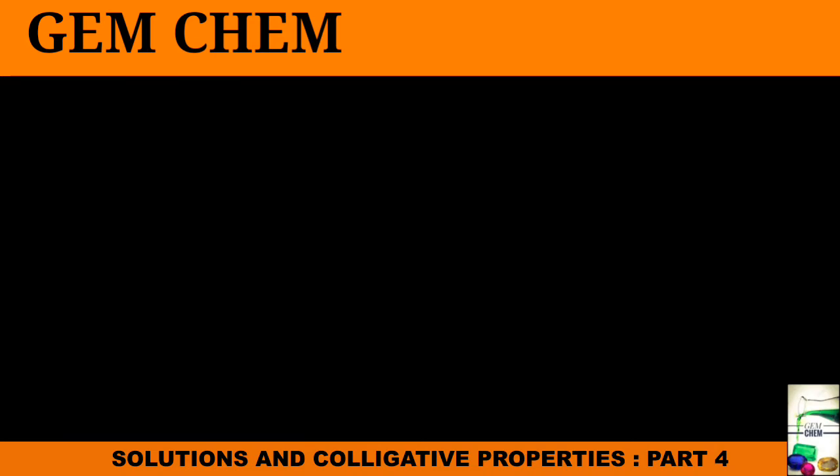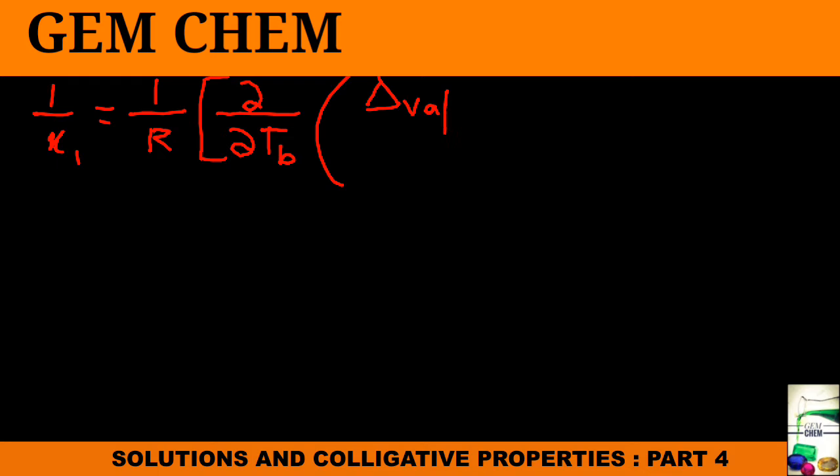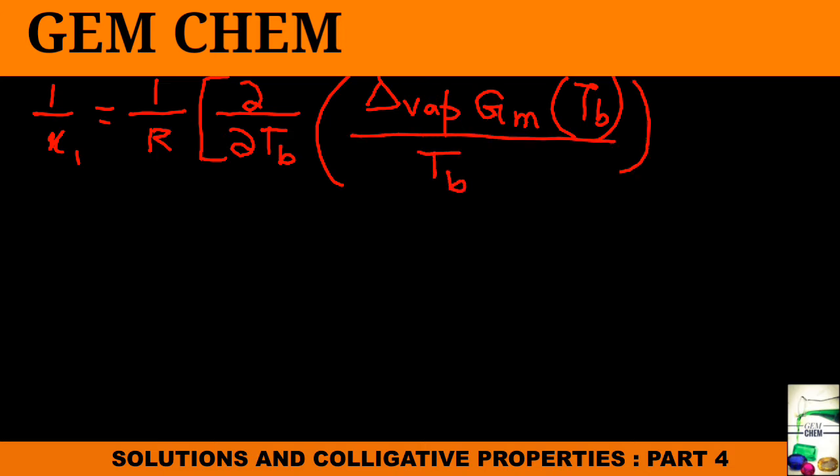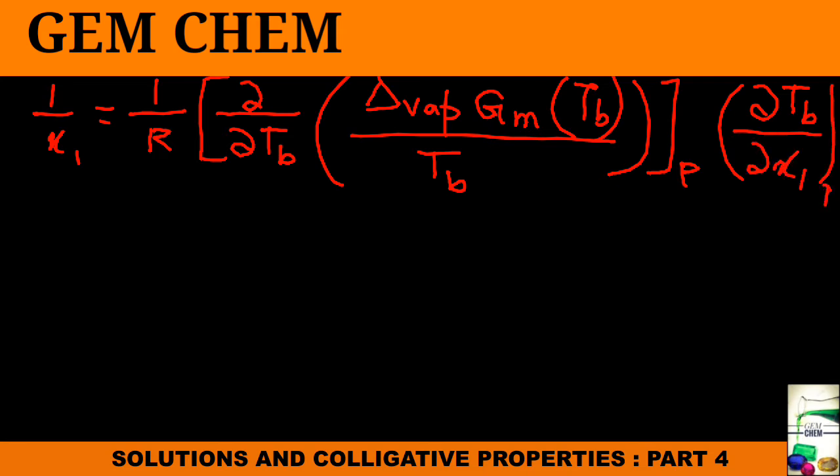Now what we get is: 1 by x1 equals 1 by R, delta vap G m at Tb by Tb, and here we get, ultimately, delta Tb by delta x1 at constant pressure.